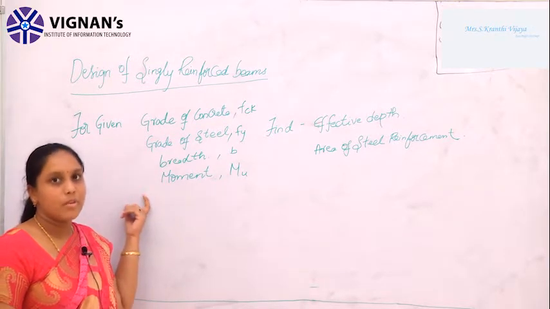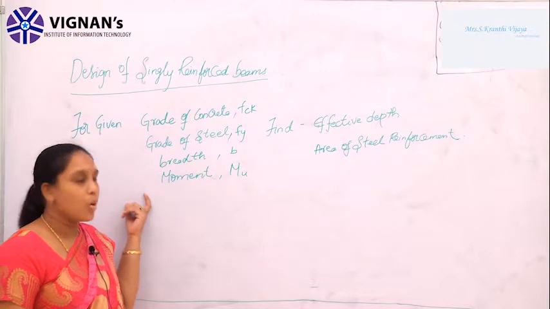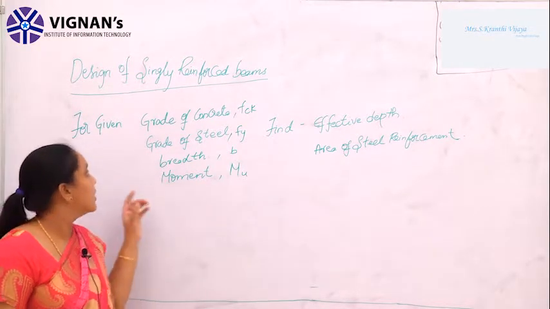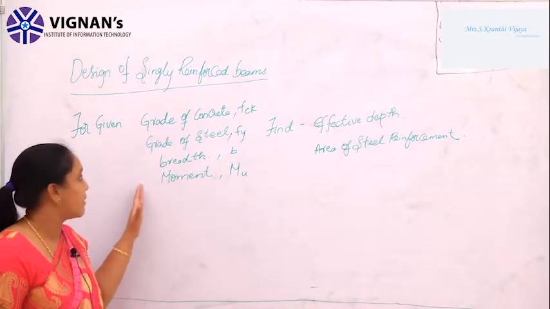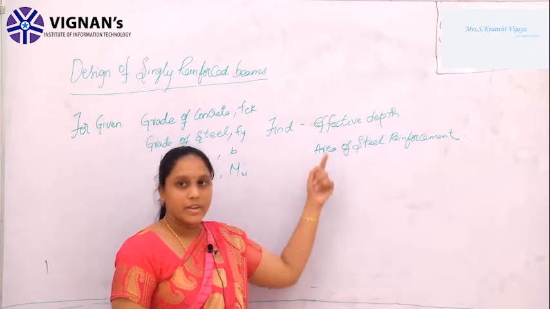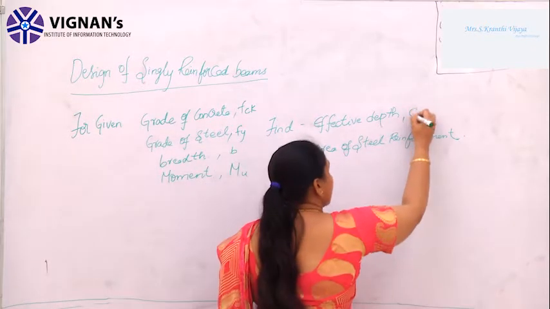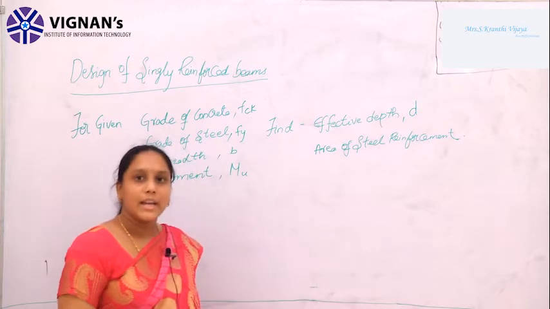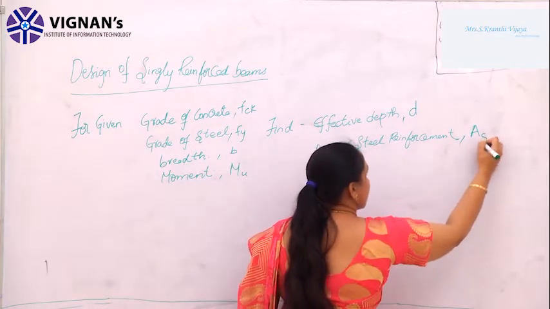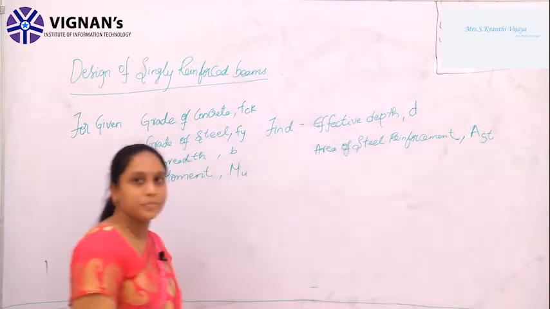If a load is given, based on the load, you have to calculate the factored moment. So, based on the given data, we have to find out the effective depth, which is nothing but small d, and the area of steel reinforcement, which is nothing but the Ast.